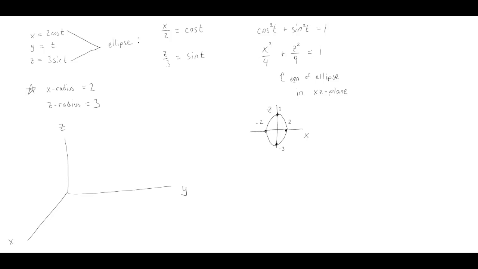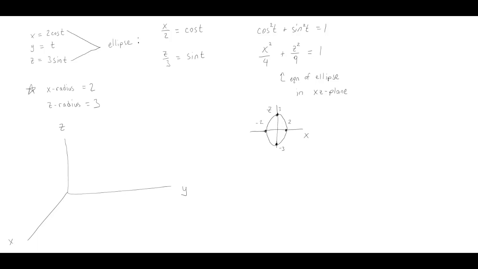If I ignore that equation right now, the x and z equations give us an ellipse. To trace out the entire ellipse, t would have to vary from 0 to 2 pi, so one revolution, to get one whole ellipse, all right?